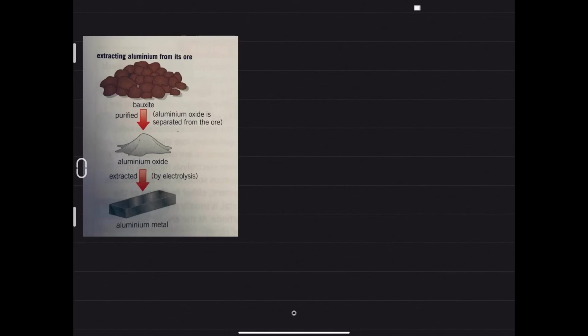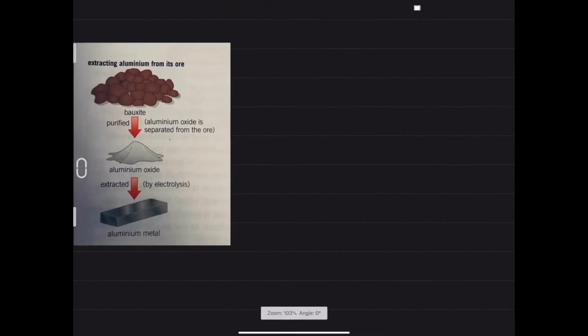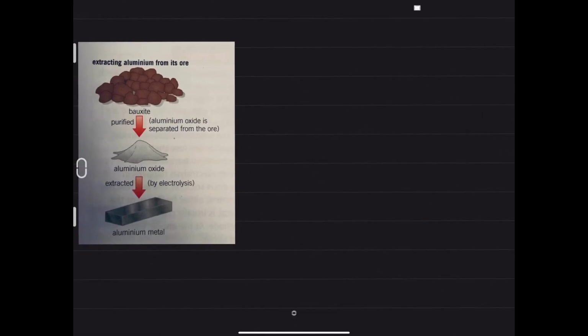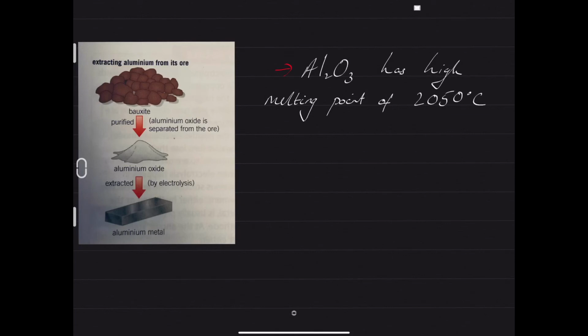The first point is that aluminium oxide, Al2O3, has a high melting point of 2050 degrees. Let's say approximately this value.